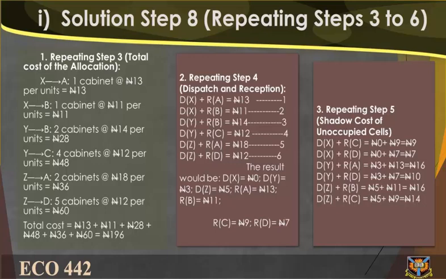D(Y) plus R(D) equals 3 naira plus 7 naira equals 10 naira. D(Z) plus R(B) equals 5 naira plus 11 naira equals 16 naira. D(Z) plus R(C) equals 5 naira plus 9 naira equals 14 naira.